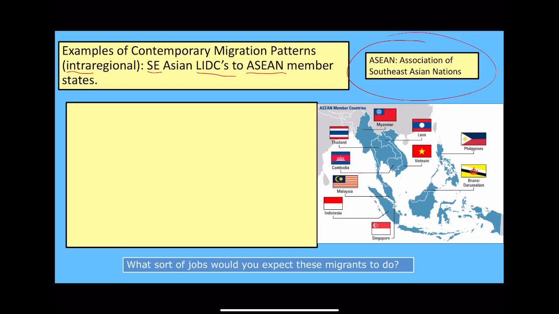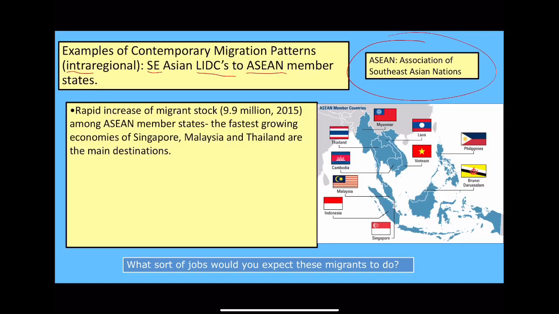Okay, so we've got a rapid increase in migrant stock among ASEAN member states, so primarily moving from the less economically developed or lower income developing countries within the ASEAN group to the wealthier economies. So you've got places like Singapore, Malaysia and Thailand that are becoming quite wealthy.